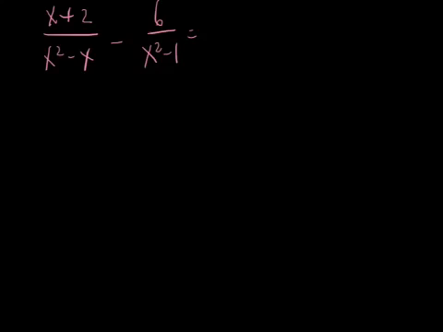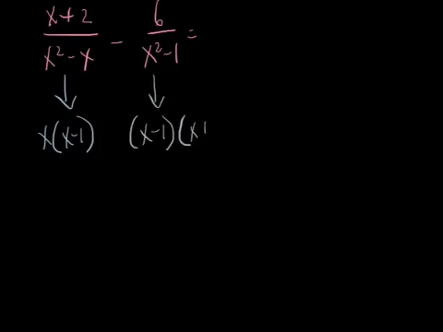Okay, the last example I'm going to leave you with is a little bit more complicated. I've got (x + 2) over (x squared minus x), and then I've got 6, but this time it's over (x squared minus 1). So let's factor these. I've got x times (x minus 1) here, and in this denominator I've got (x minus 1) times (x plus 1).